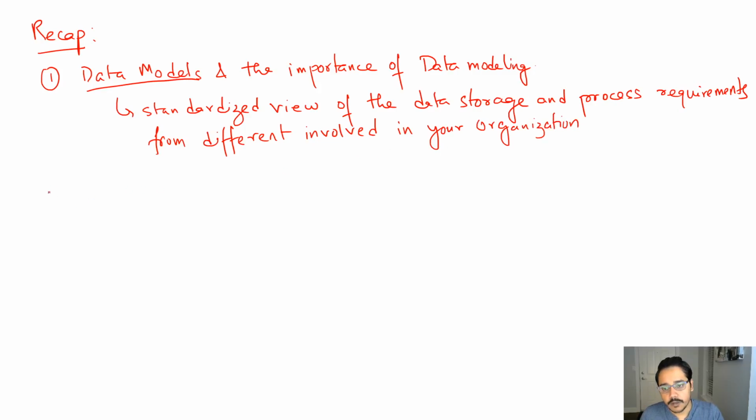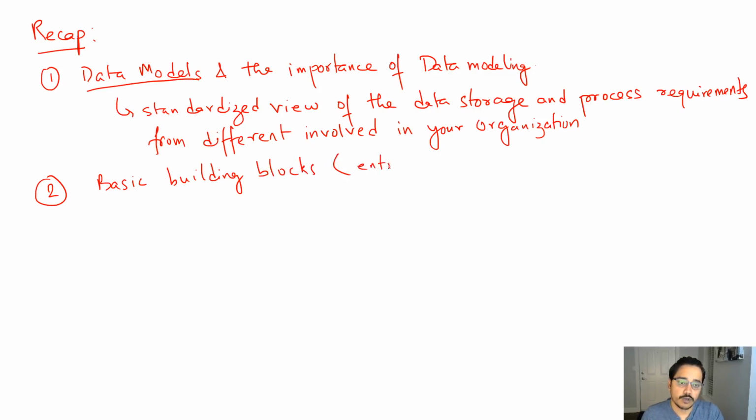We also learned about the different basic building blocks of our data models, right? We learned about what we mean by an entity, an attribute, a relationship, and the different relationship types, which were 1:m, 1:1, and the logical m:n, right?